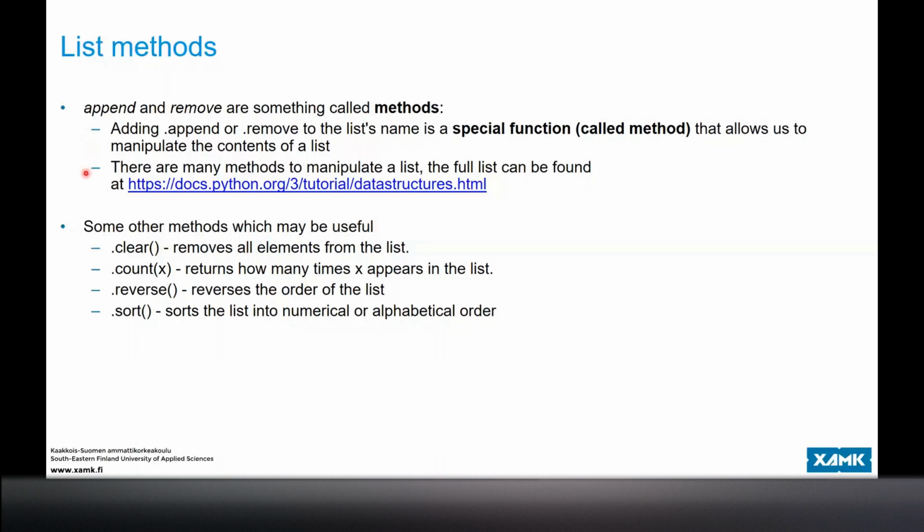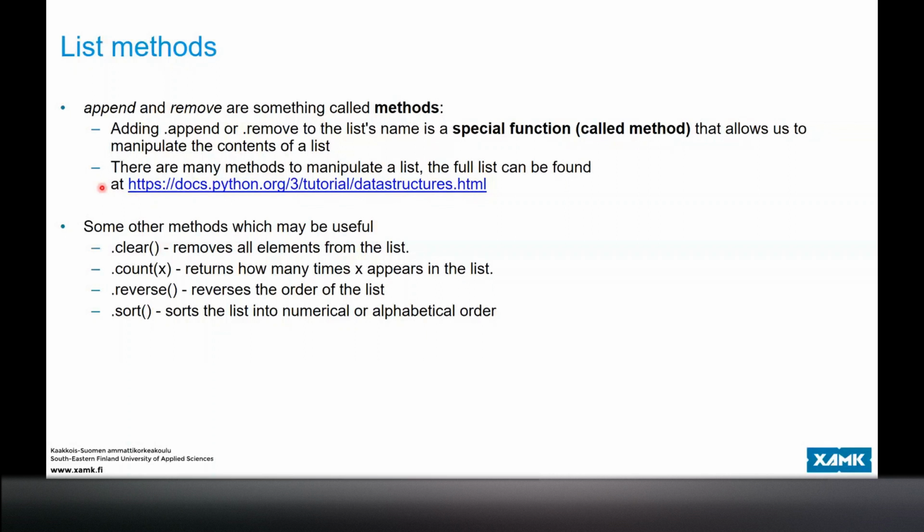And actually, it turns out that lists contain a lot of these special functions. You can find a full list at this address, which basically just points to the Python version 3 documentation. But basically, append and remove are those that you will need in practice.